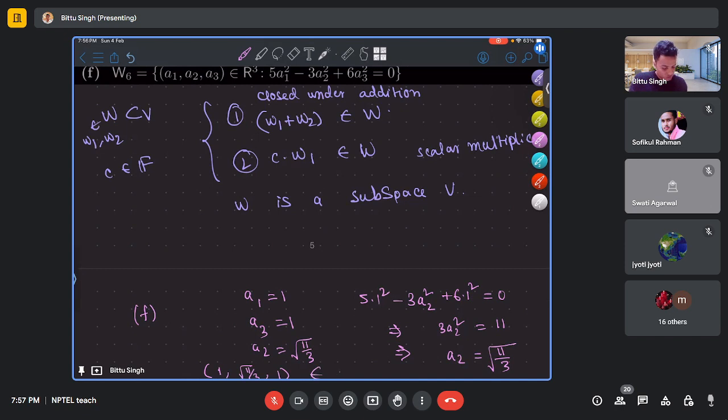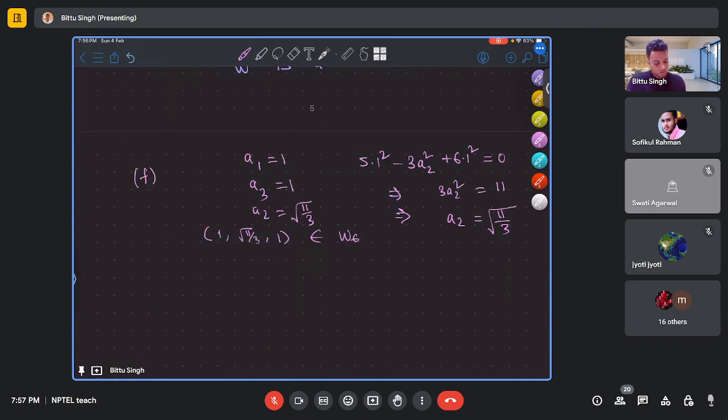This belongs to W6. But what about scalar multiplication of this element? For example, multiply v with the scalar c equal to 2.